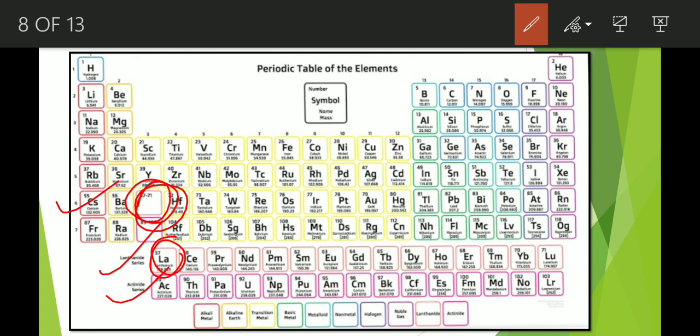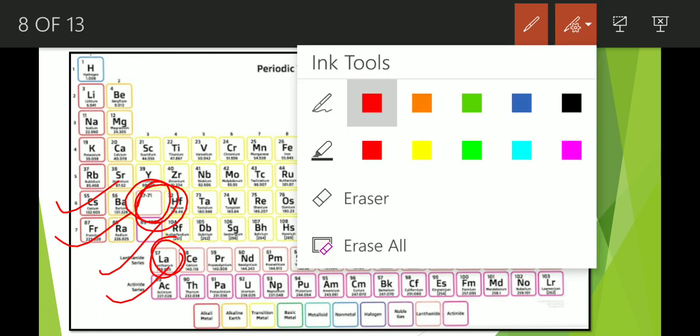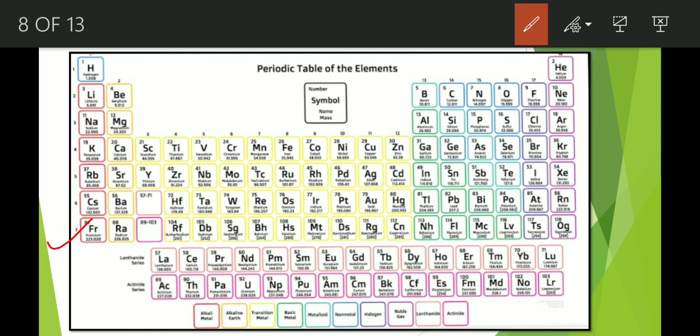And actinide series is present in period 7. Now this actinide series starts after the element actinium. Though it is present here, in the periodic table it is placed in this position. As this series starts after the element actinium, that's why the name of the series is actinide.